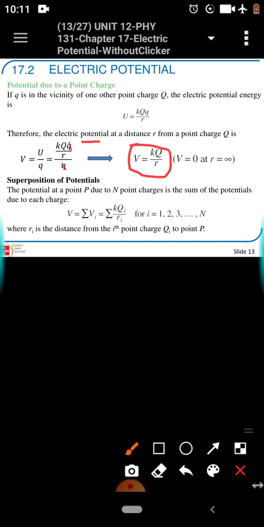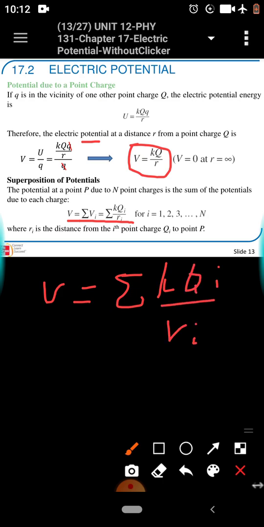When you have many point charges, V is equal to the sum of K Qi over Ri. Say we have 3 charges, 1, 2, and 3.